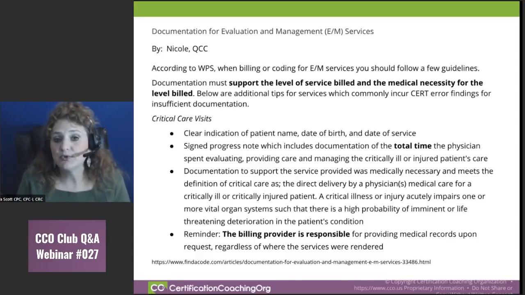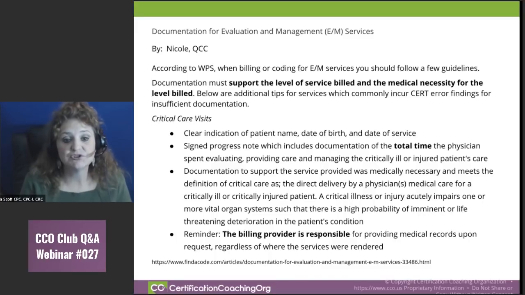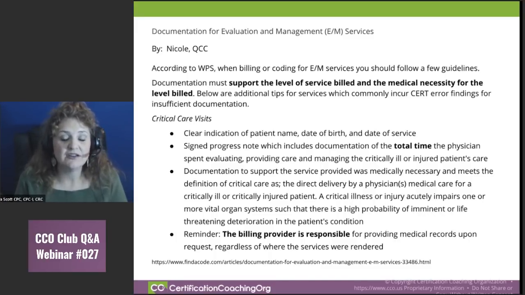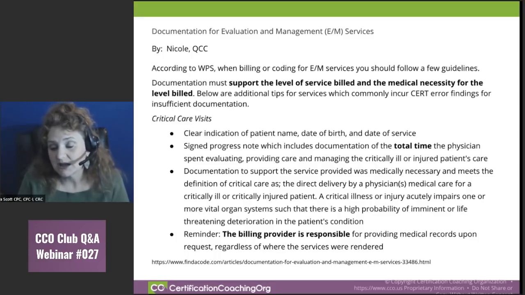Now, I pulled the descriptions and the content from different sources to show you how to also do your own research. So not only can you do this for critical care, I want to show you how easy it is to do the research when you want to look for something else, right?